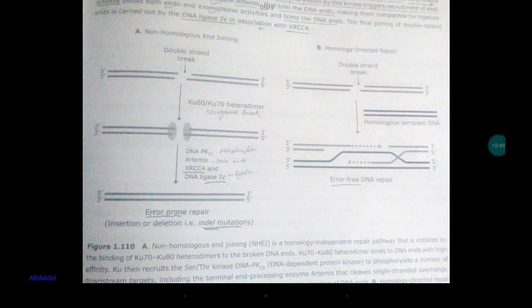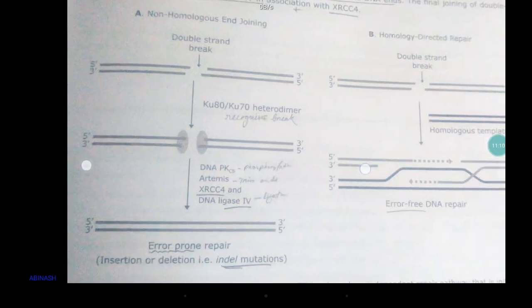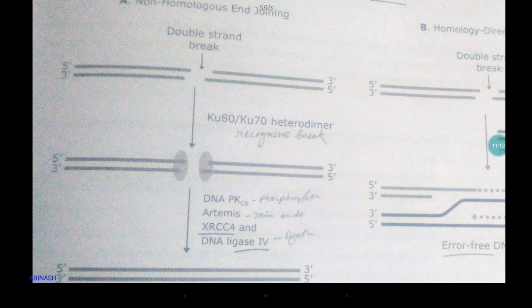So the non-homologous end joining repair system is required for emergency, for instant repair. It is found in the G0 and G1 phase of the cell cycle, whereas homology directed repair is required in the S and G2 phase of the cell cycle. The basic mechanism here is that at the break, Ku80 and Ku70, a heterodimer, recognizes the breaking point of the double-strand break in the DNA.